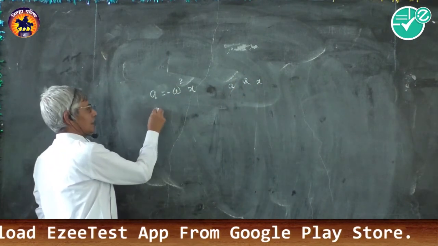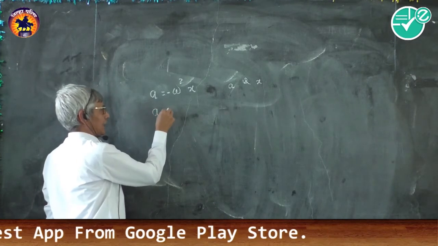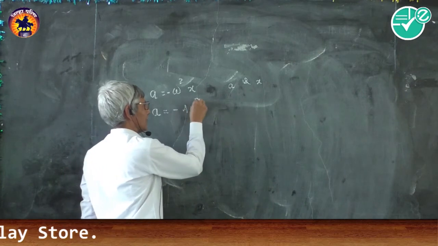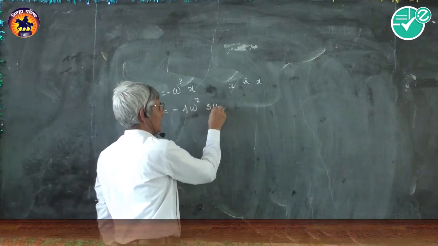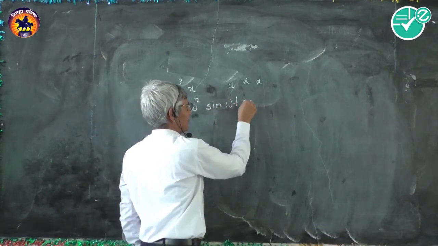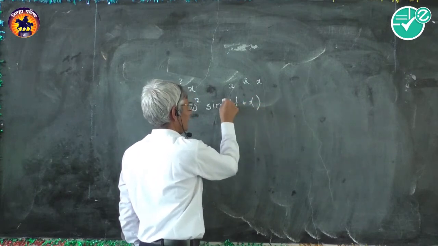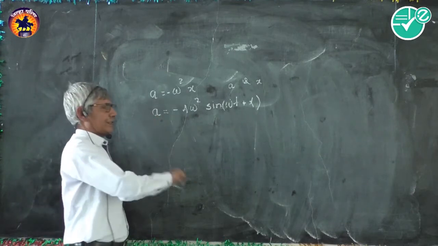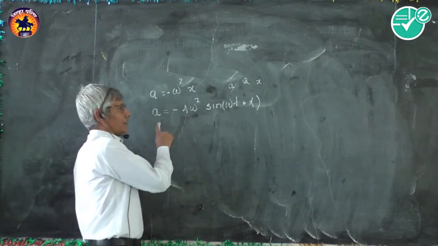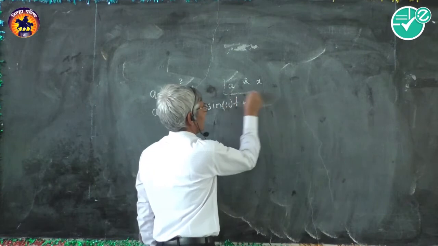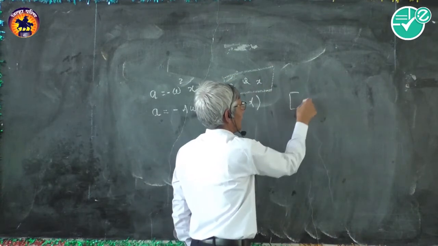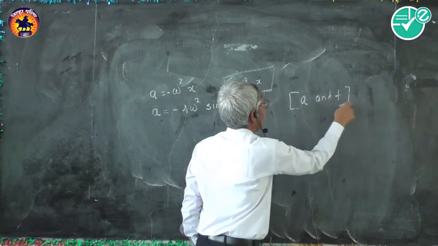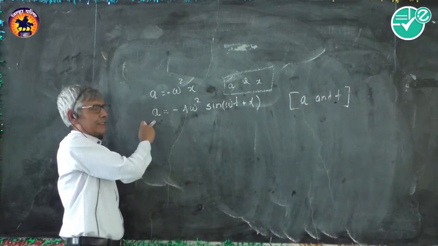Another equation is acceleration a is equal to minus A omega square sin(omega t plus alpha). This is another equation, between a and t, the time dependent equation of the linear acceleration.